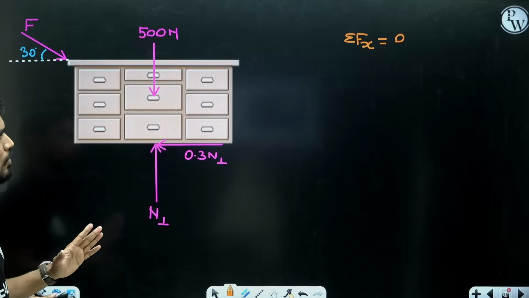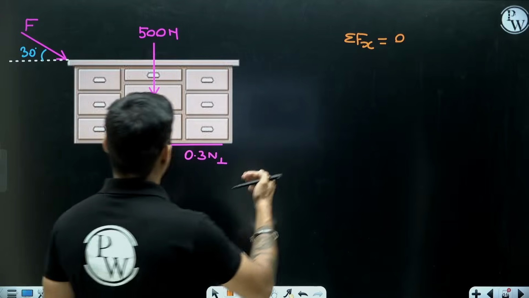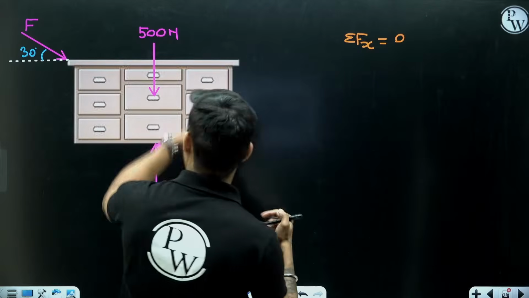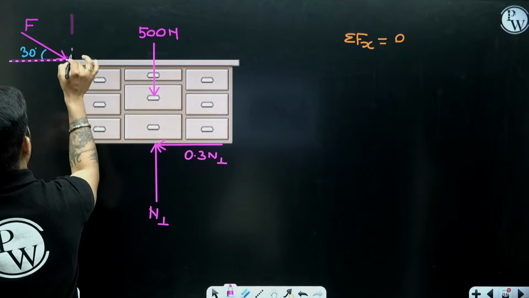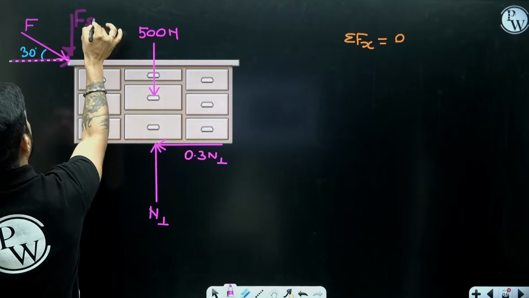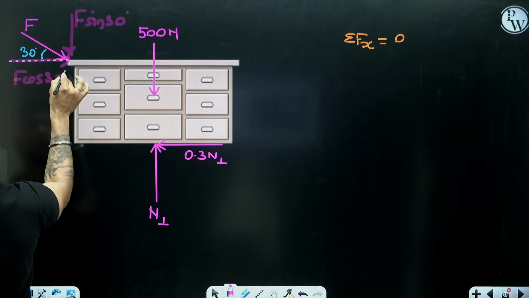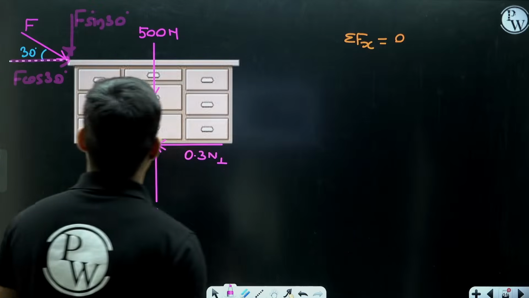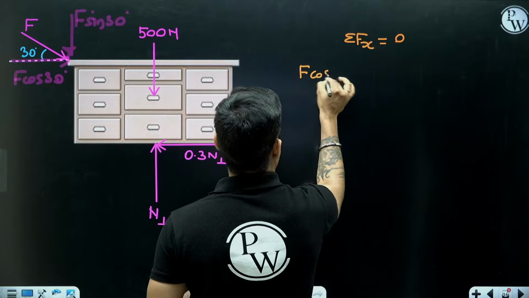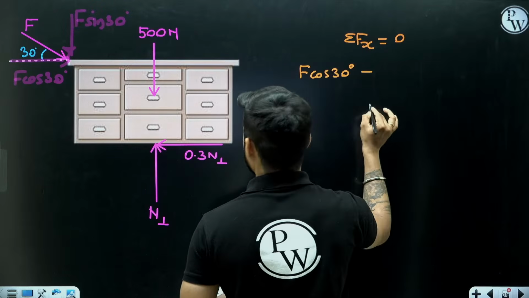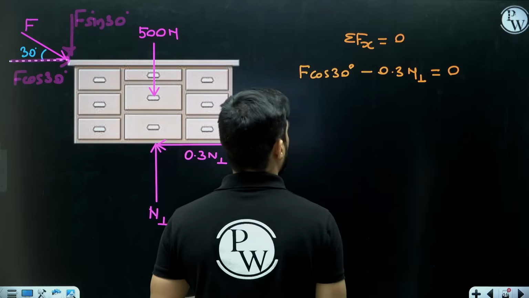From summation of Fx equals 0: this is 0.3 N1, this is F. You resolve F into two components, F sin 30 and F cos 30. So summation of Fx equals 0 gives F cos 30 minus 0.3 N1 equals 0.